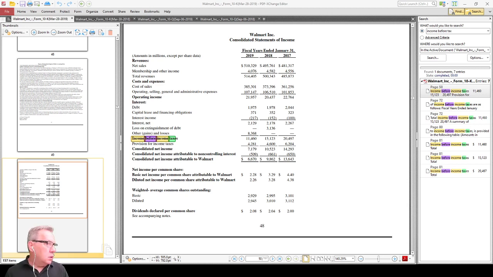And then income taxes. Provision for income taxes: 4,281. 2019, yeah? Yeah. Let me just check something.